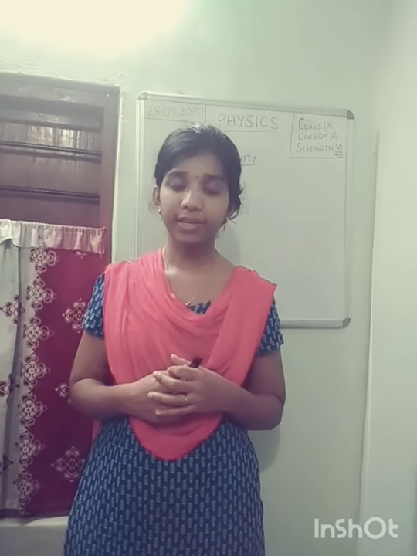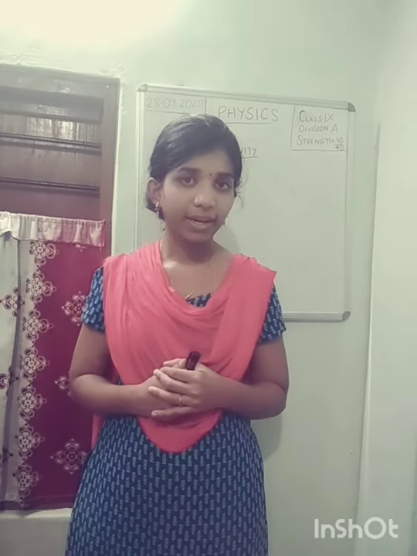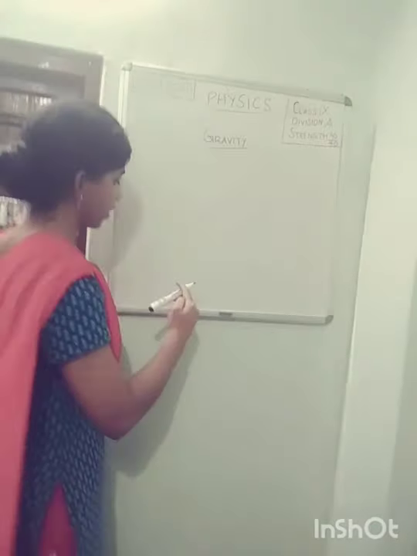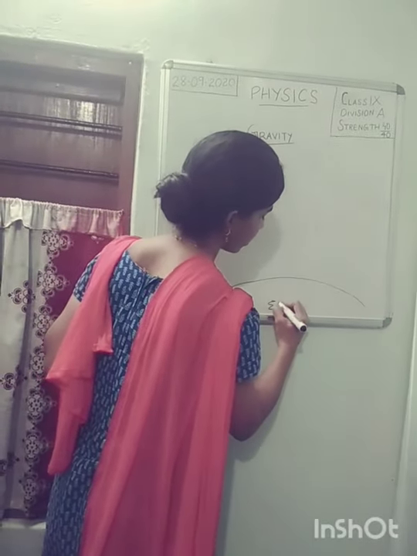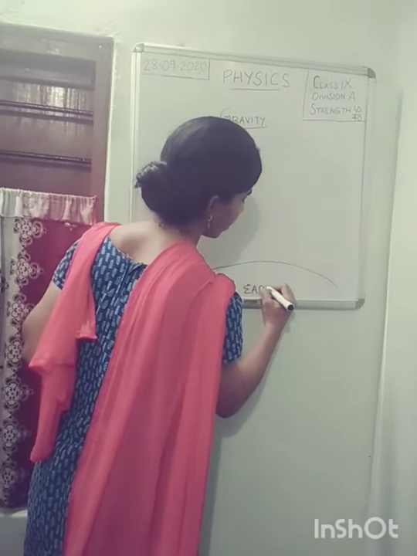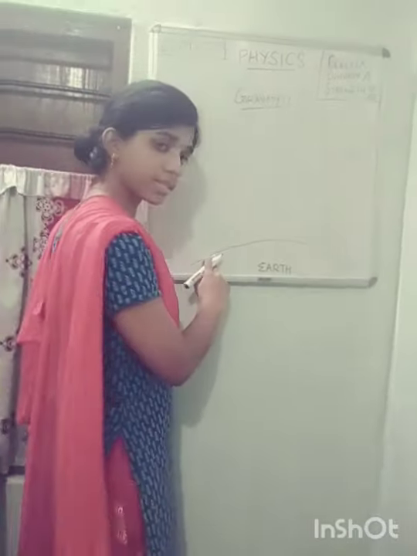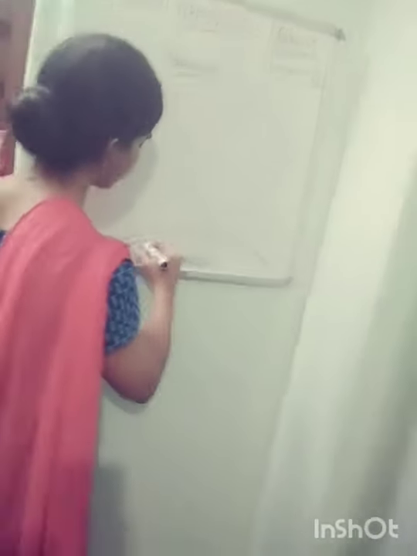Have you learned about tides? I think you might have studied this in your geography class, right? So what is a tide? How do tides occur? Do you know? Is there any relation between the tide and gravity of earth? Let us see how it is. Suppose this is the earth, and on the surface of the earth you have this water body.